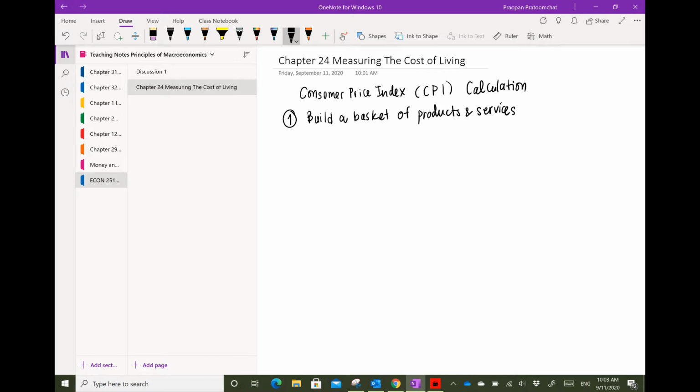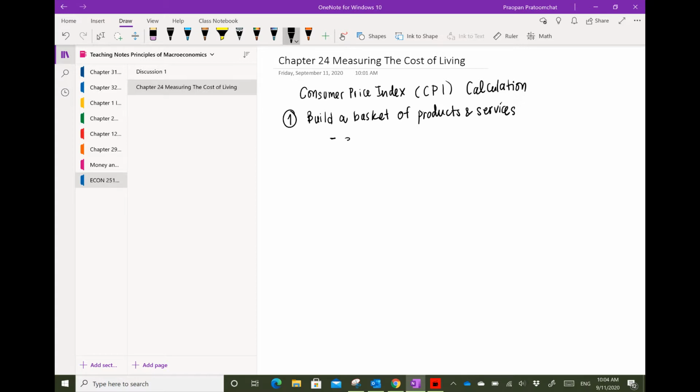What are the products and services that we need in everyday life? Actually, the Bureau of Labor Statistics or BLS will survey consumers to determine what's in the typical consumer shopping basket.